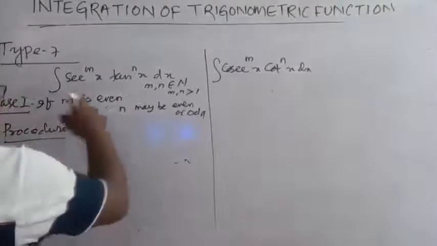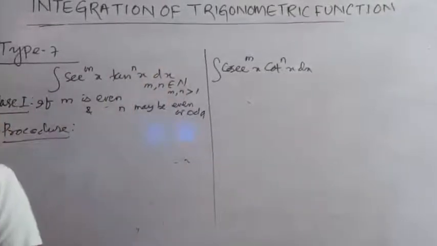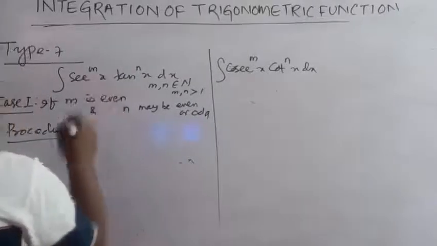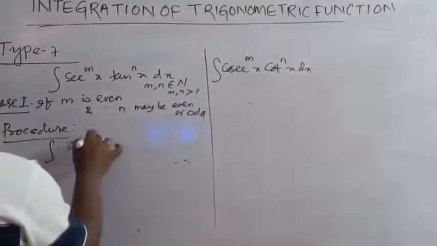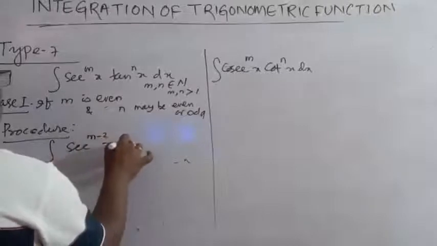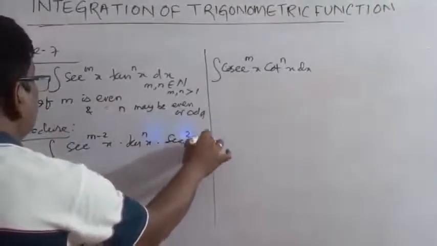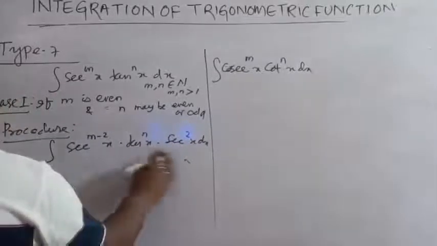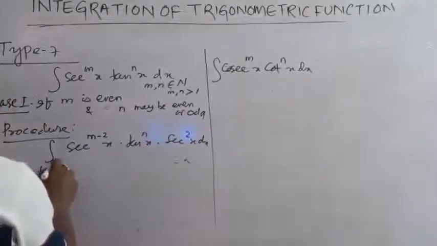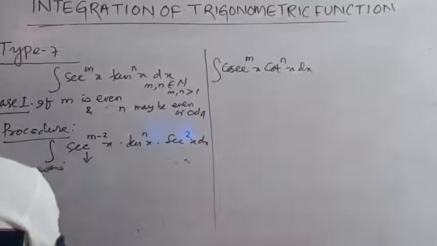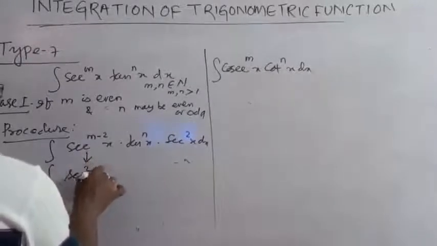Separate sec square x, nearer to dx. So this is sec m minus 2 x into tan nx into sec square x dx, and write this term in terms of sec square x.